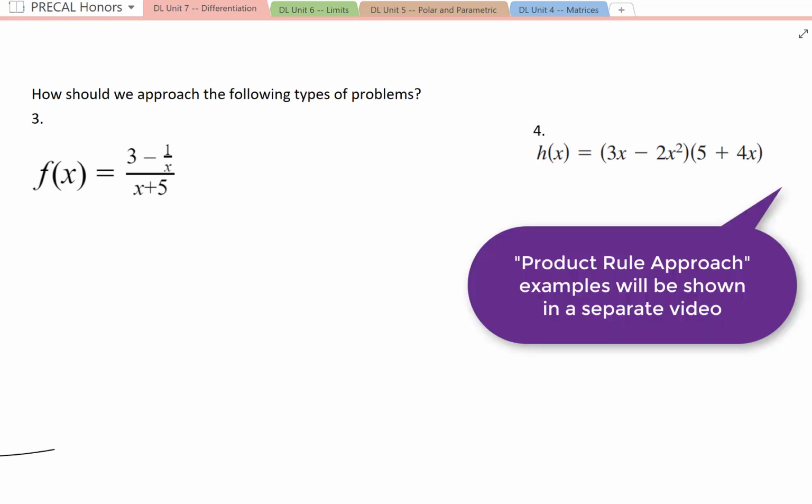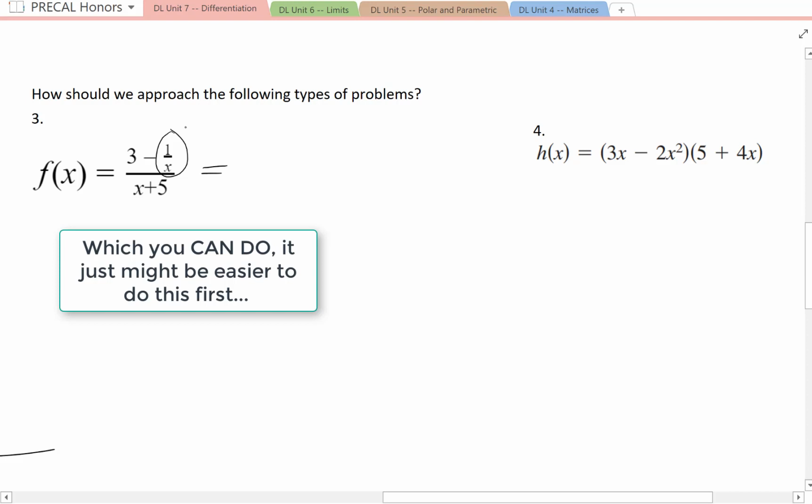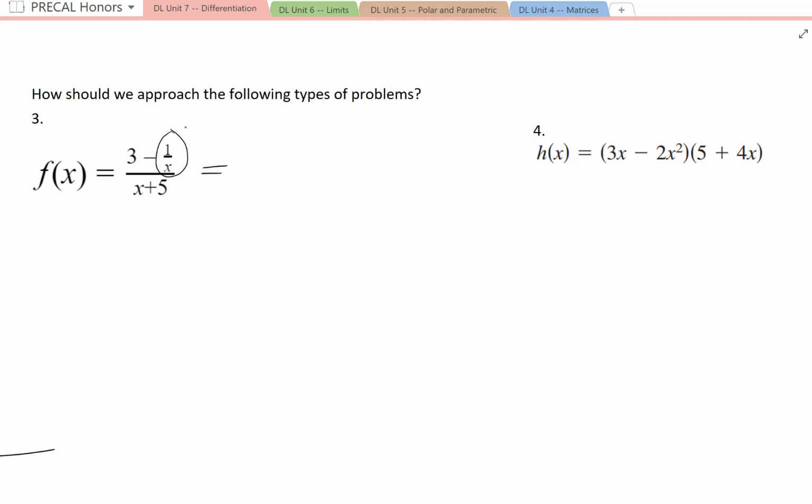I wanted to include some other types of problems that you may see and how you can approach them. In this, you may think that we would want to write 1 over x as x to the -1, but that can get complicated to have a negative exponent and a fraction already from the get-go. So the book suggests that we get only one fraction rather than a complex fraction.